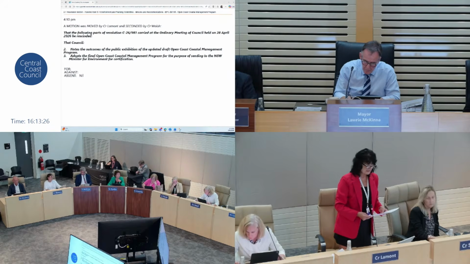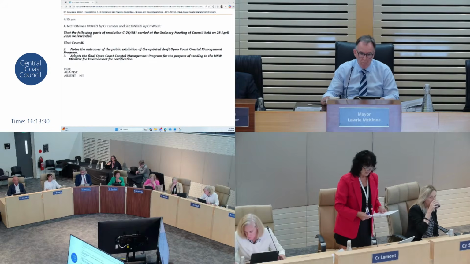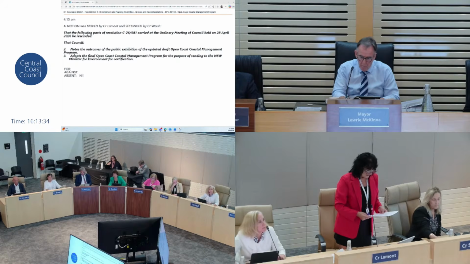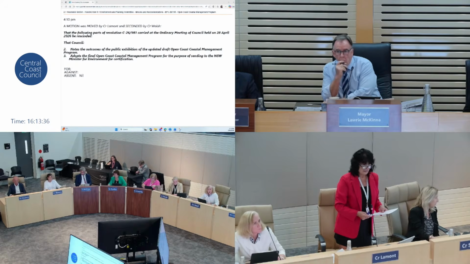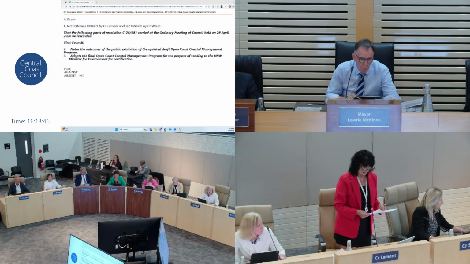Page 118, I did ask Director Nichols about planned retreat before, what page it was actually located. It's on page 118 if everyone wants to know. It says eventually we will need to retreat from high-risk areas like Wamburrel and the entrance north. But where is the plan? There are no timelines, no funding, no clear pathway, just a promise to look at it later and destroy the beach in the meantime.